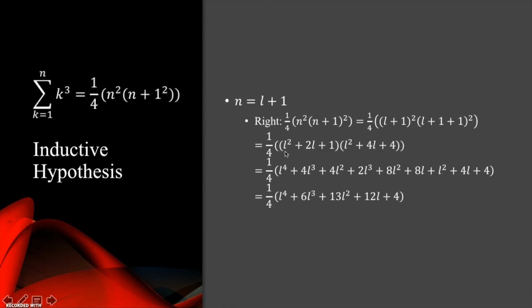So from here, I multiply the L squared plus 2L plus 1 by the L squared plus 4L plus 4. And this is the expression that I get. And if I simplify it, this is the expression that I get for the right-hand side.